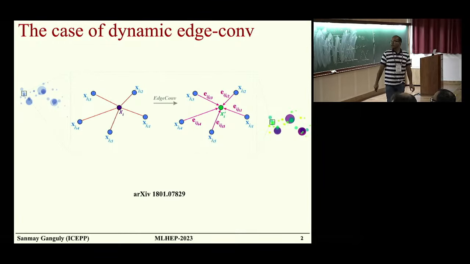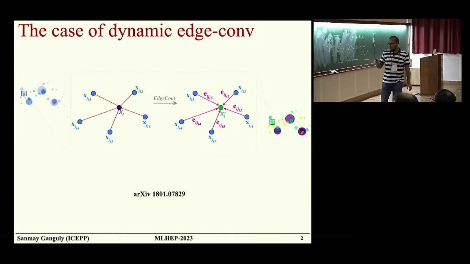Now, if you take x prime as the new coordinates and build a k nearest neighbor or fixed radius graph, then certainly the adjacency matrix is bound to change, because earlier the k nearest neighbors were computed based on x coordinates. If you recompute the k nearest neighborhood based on x prime coordinates, then surely x prime is completely new data compared to x, and hence the adjacency matrix is supposed to change.